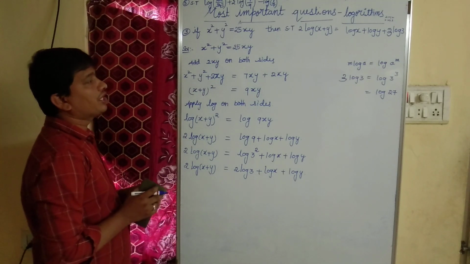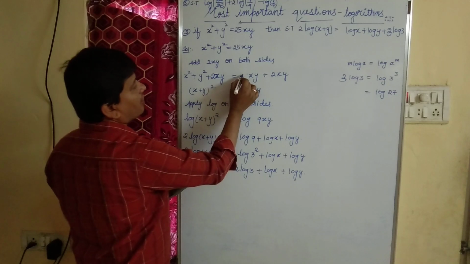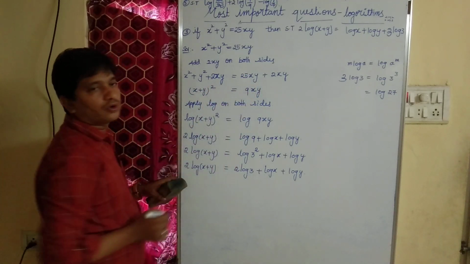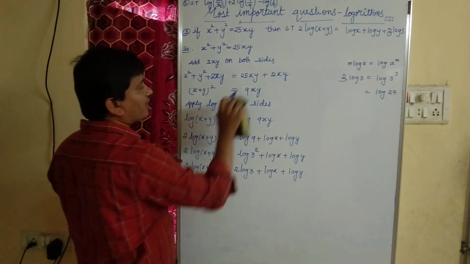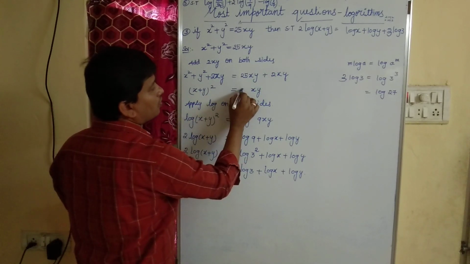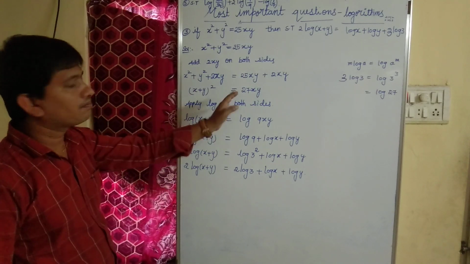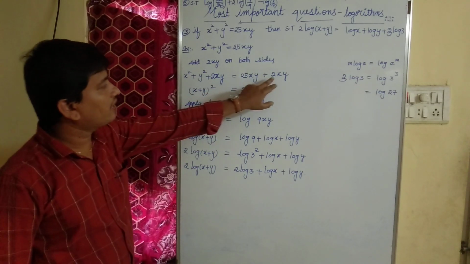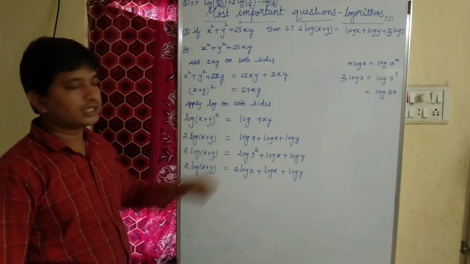So again we need to add 2xy on both sides. So x square plus y square equal to 25xy plus 2xy, that is equal to 27xy. Again apply log on both sides.